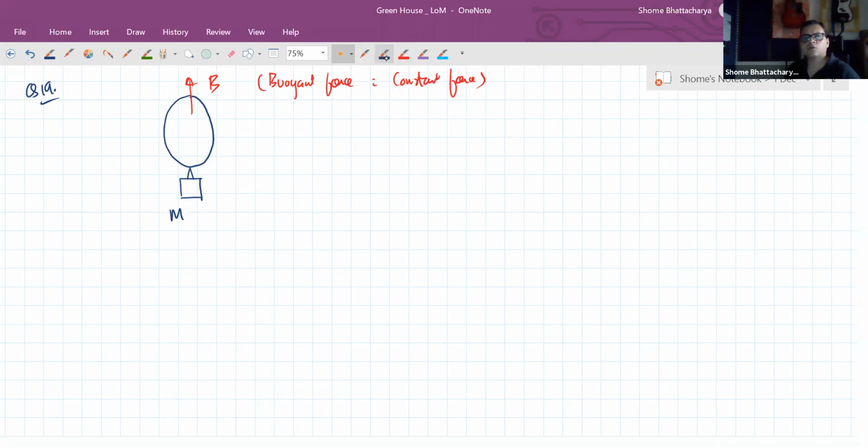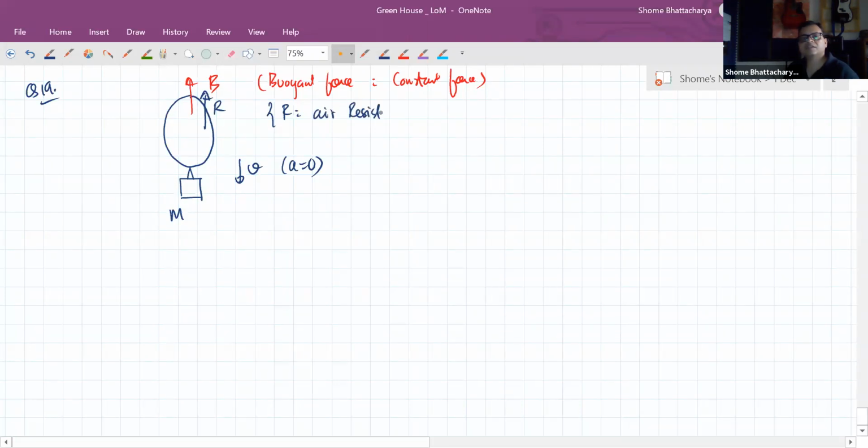Now air resistance acts opposite to the velocity. So one time it is descending with a velocity which is uniform, so its acceleration is 0. So this time the air resistance force will be like this. Let us say R is the air resistance force, which is opposite to velocity and proportional.